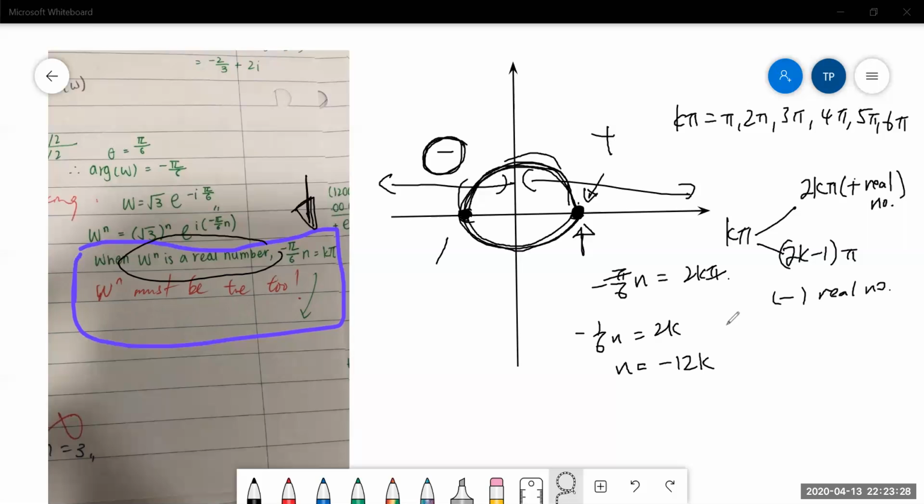So do I just sub in -1 into the k instead of +1? Is that allowed? What was the question again? Find the smallest positive integer n.